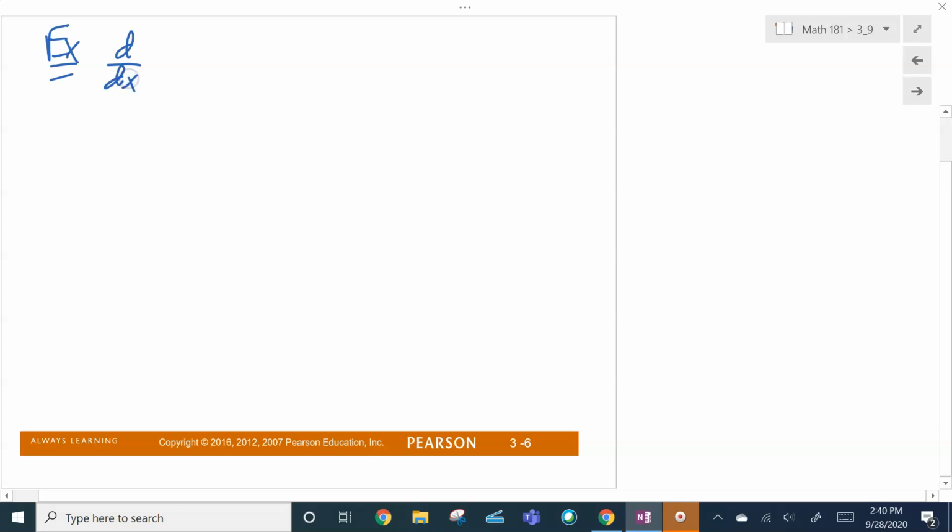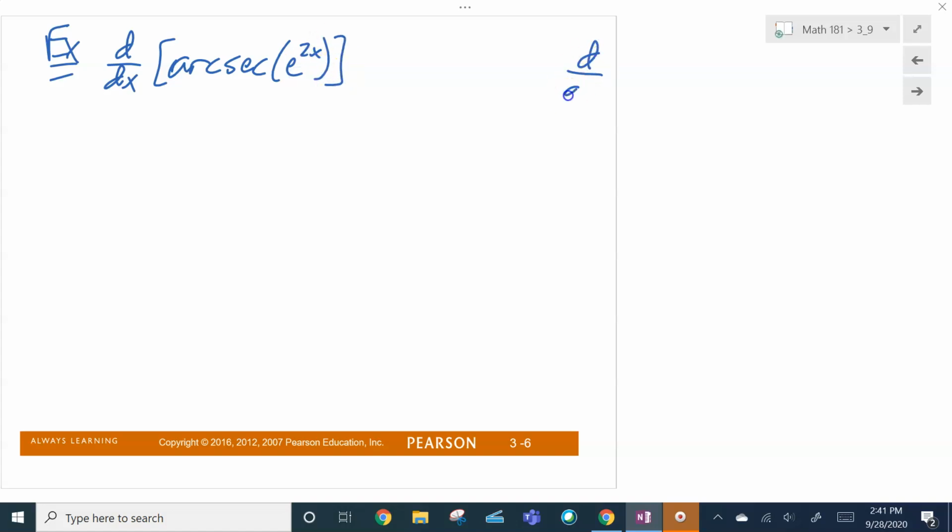Let's go derivative of the arcsecant of e to the 2x. Arcsecant of e to the 2x. So I need to know what the derivative of the arcsecant of u is.